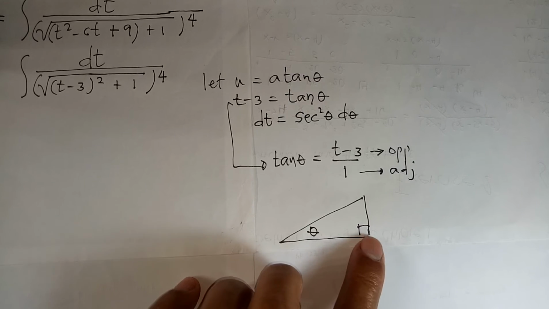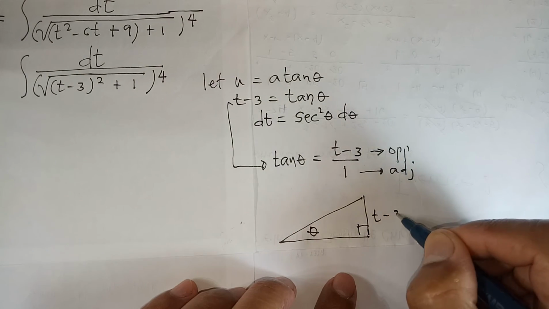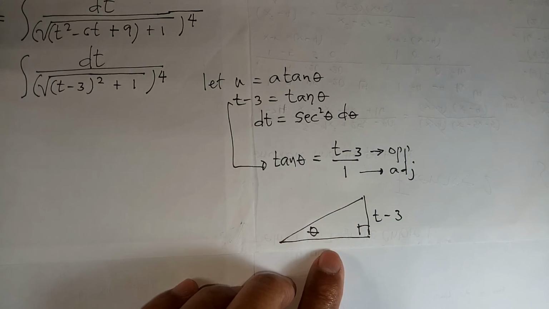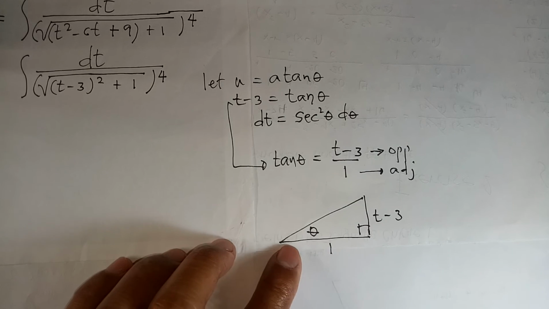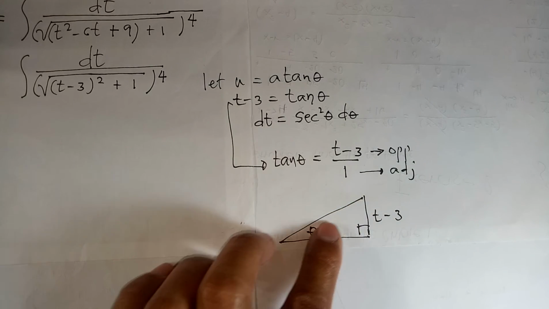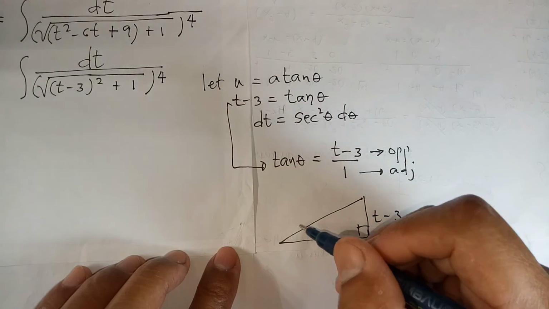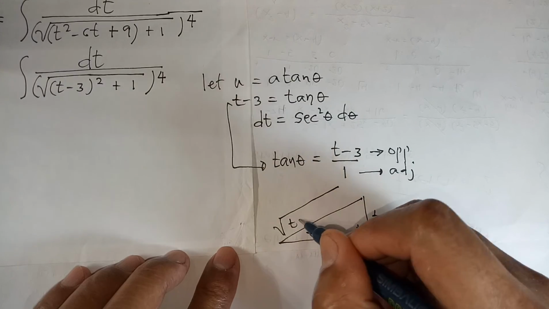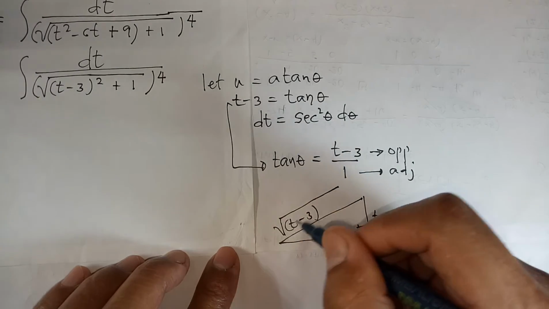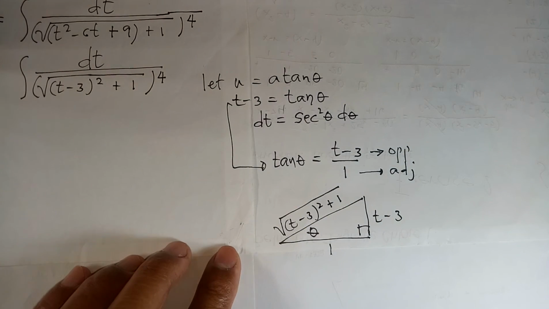So, the opposite side is t minus 3. The adjacent side is 1. Okay. And then by Pythagorean theorem, the hypotenuse equals the square root of t minus 3 squared plus 1 squared or 1.